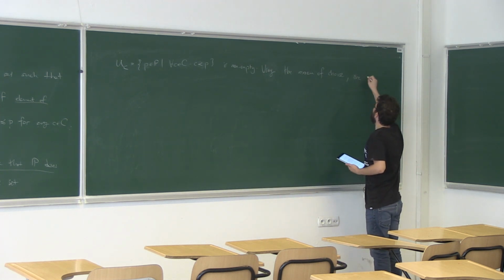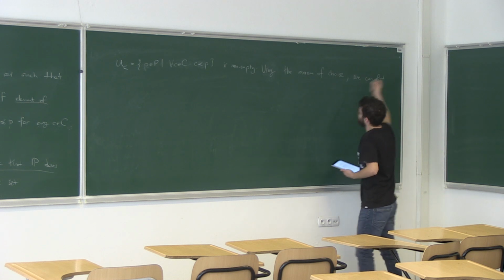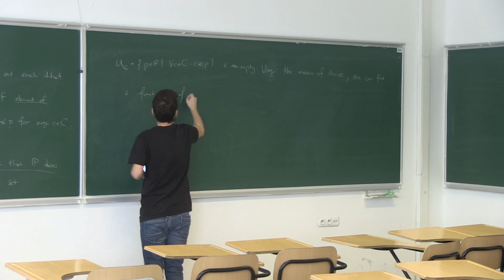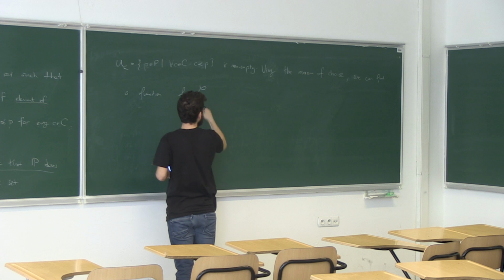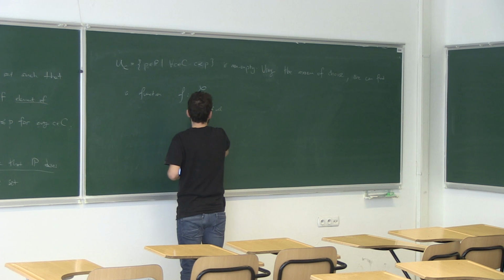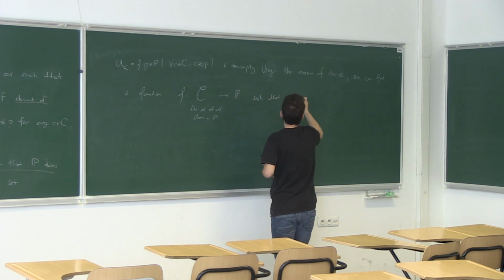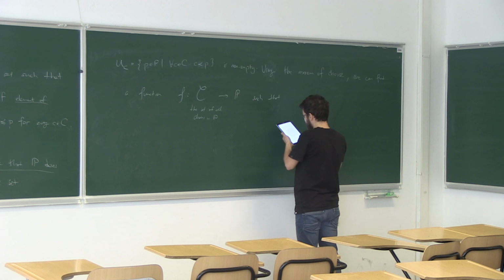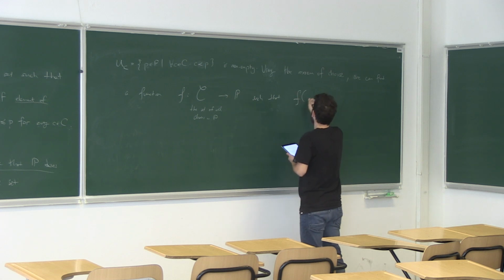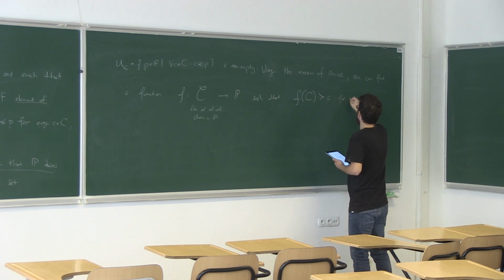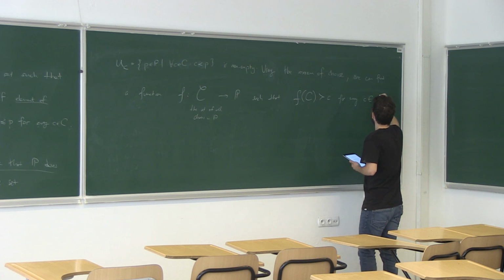Using the axiom of choice, one can find a function f from the set of all chains in P to P such that f of C is strictly greater than c for every c in C.